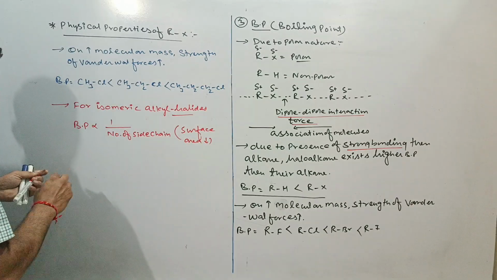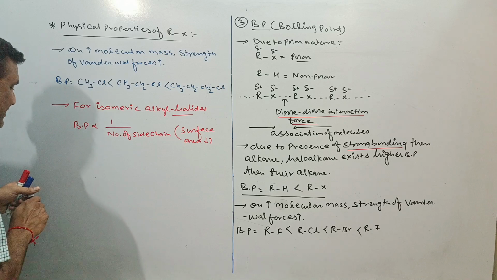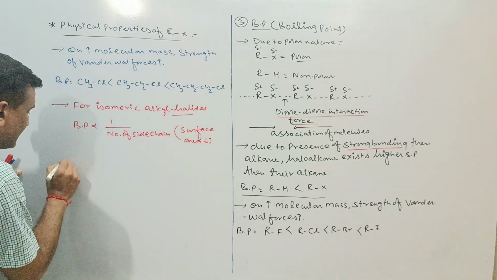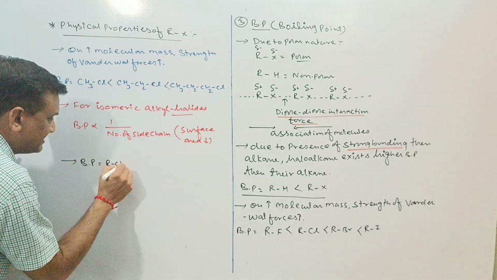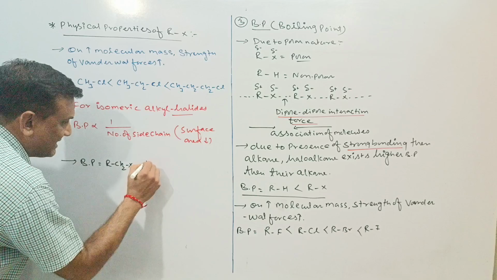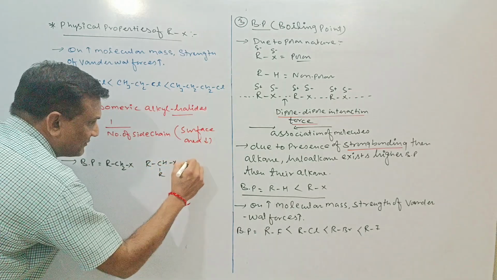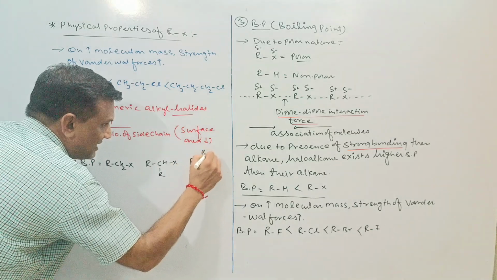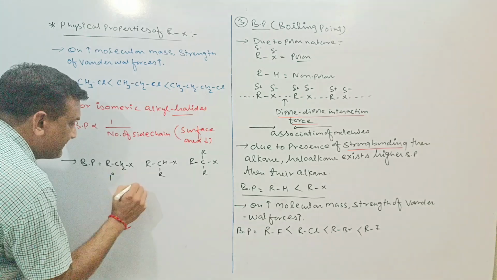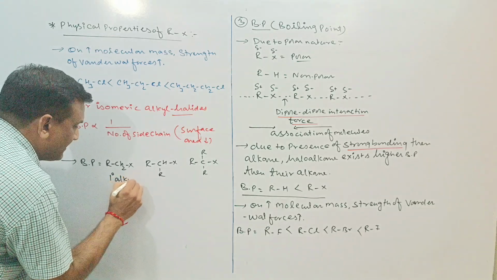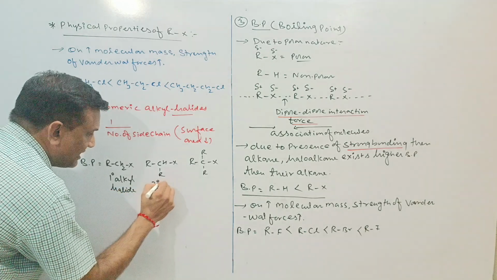That's why for the different alkyl halides, primary, secondary and tertiary, this is the boiling point order. For the primary, this is RCH2X. For the secondary, RCH(R)X. And for the tertiary, RC(R)(R)X. This is the 1 degree or primary alkyl halide. This is for the 2 degree alkyl halide.